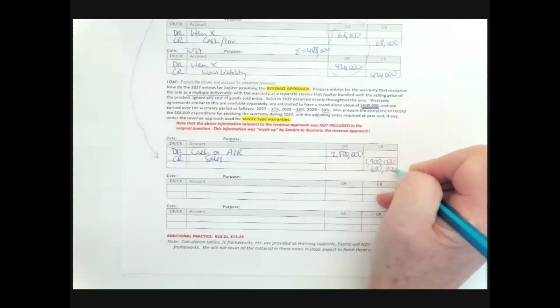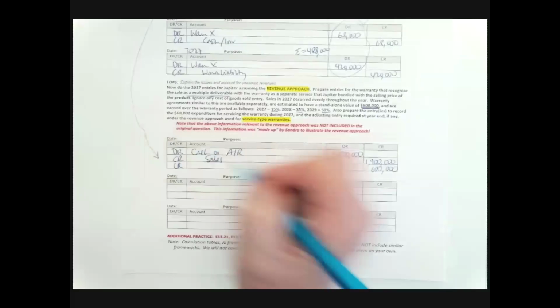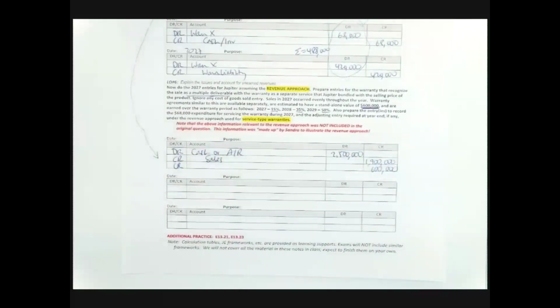And then the warranty for 600. What will be the name of the warranty account I use for the sale of the warranty?